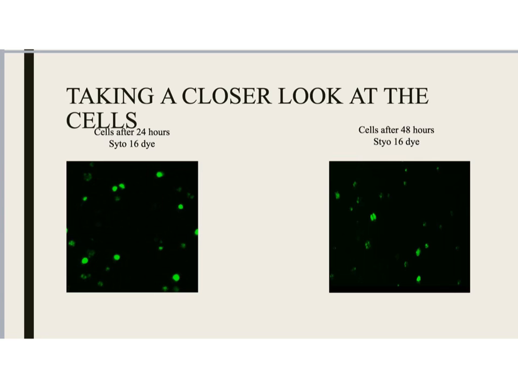So on the left, these cells are after 24 hours of incubation in the cyto16 dye. This dye is a fluorescent DNA binding dye which allows you to visualize nuclear condensation and blebbing.